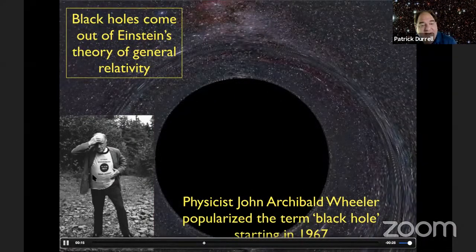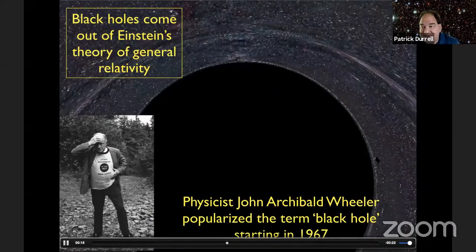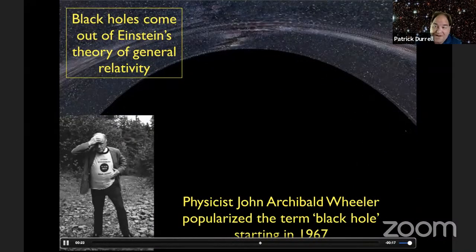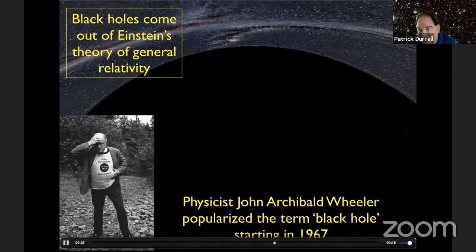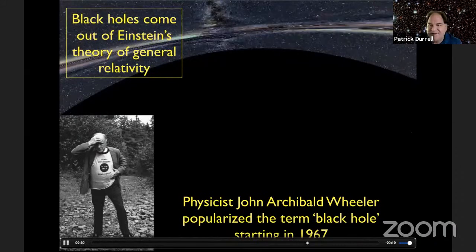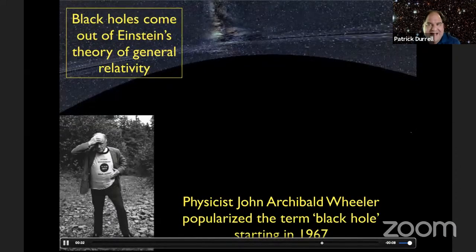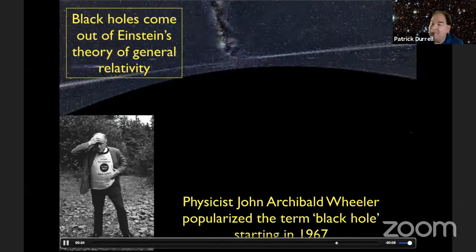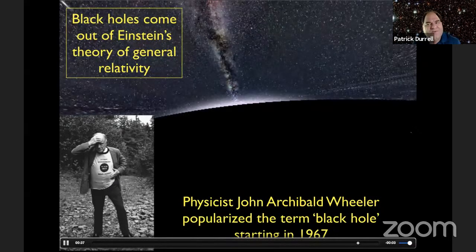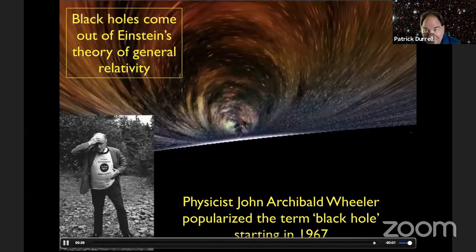Now, the picture here is a very famous physicist, a Nobel Prize physicist, John Archibald Wheeler, who actually spent some of his very young years in Youngstown. He was one of the first scientists to start using the term black hole. But it wasn't until the late 1960s. I still don't know who was the first to actually coin the term.